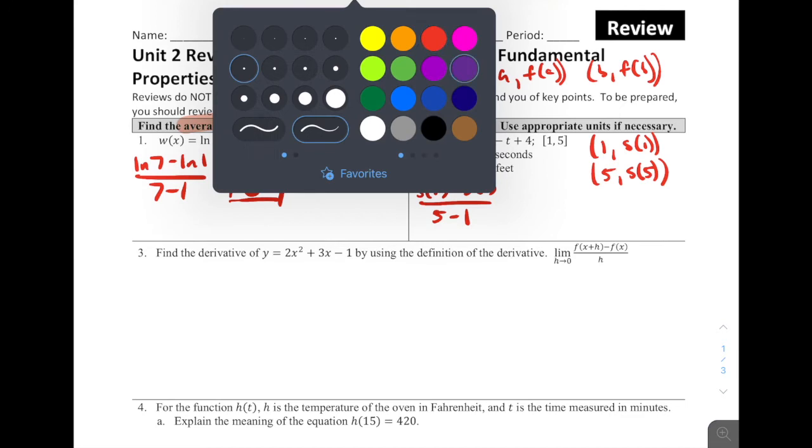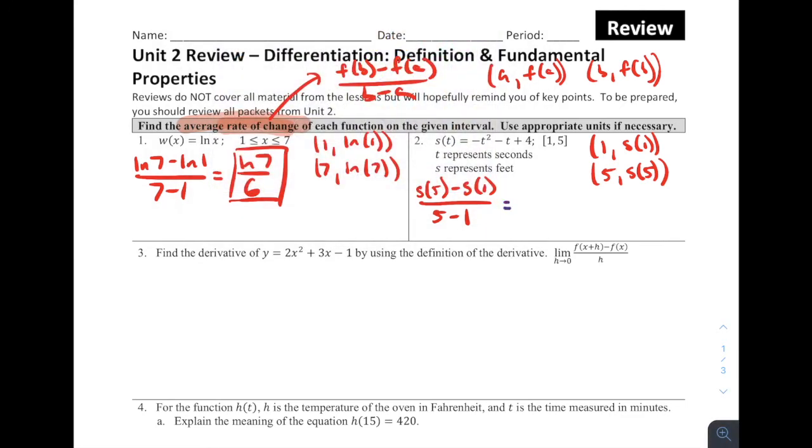Well, what are those values equal to? If we plug 5 into that S of t function, we have negative 5 squared minus 5 plus 4, and then we're subtracting S of 1, so that's negative 1 squared minus 1 plus 4, and that's all being divided by 5 minus 1, which is 4.